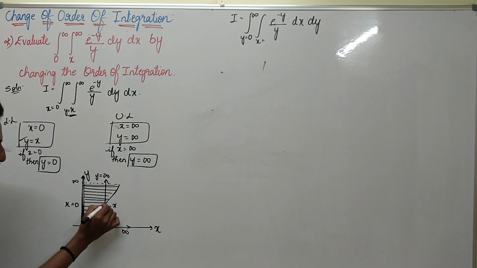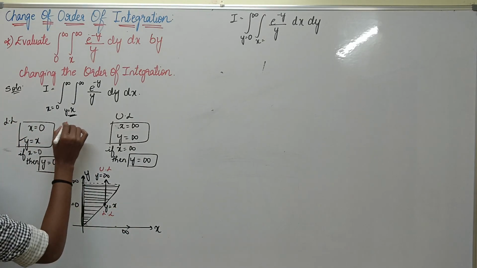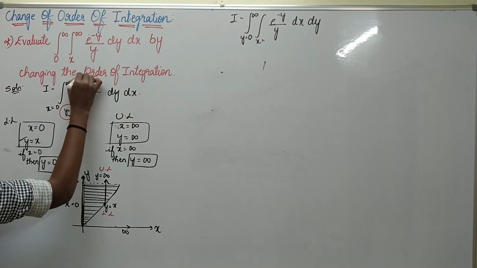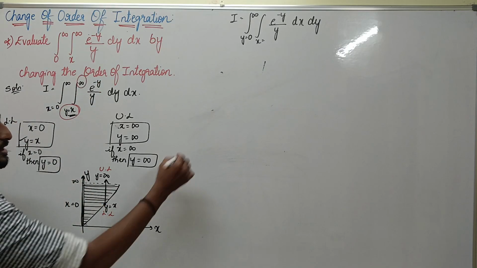From here to here. Got the point? It goes up to infinity. But after changing the order of integration, this will be our lower limit and this is our upper limit. If you check the given limit points, y equal to x is our lower limit and y equal to x is our upper limit.